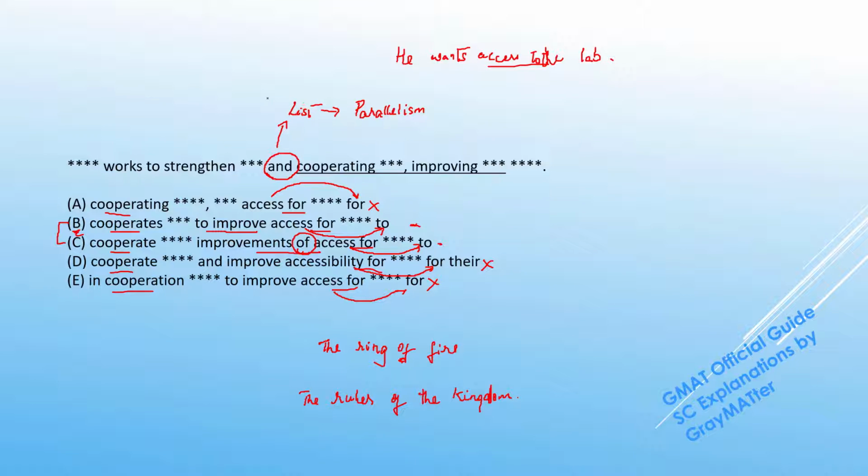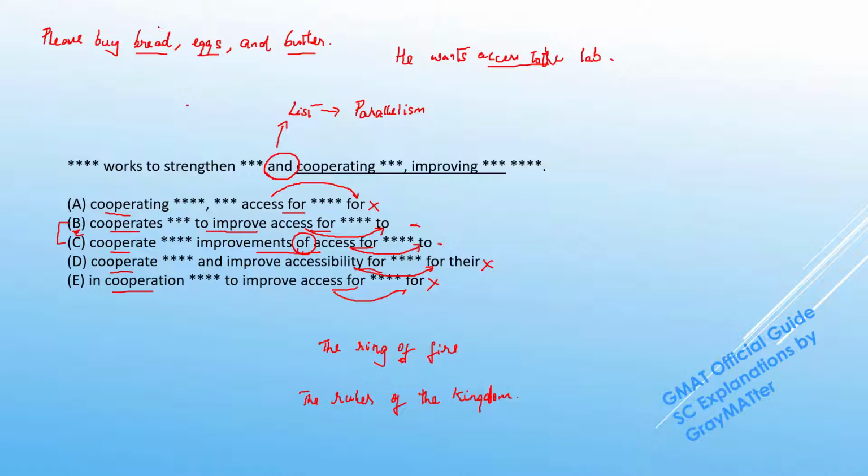And there's an easy way to deal with parallelism in a list. Let's just look at a list. So if I said, please buy bread, eggs, and butter, what we can see here is that this list contains 3 nouns and they are all parallel, because a list must be of similar items and be balanced.